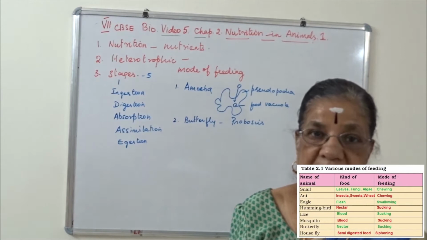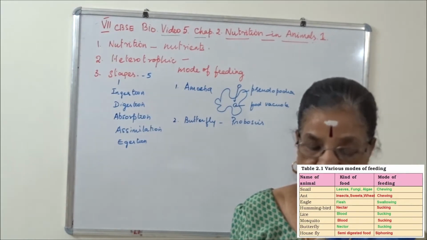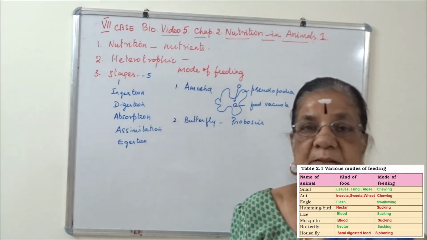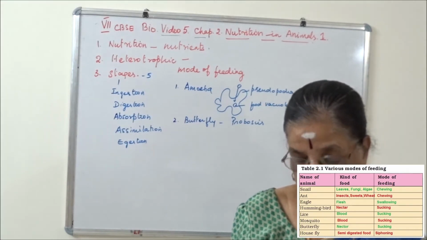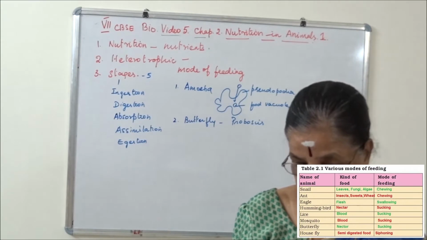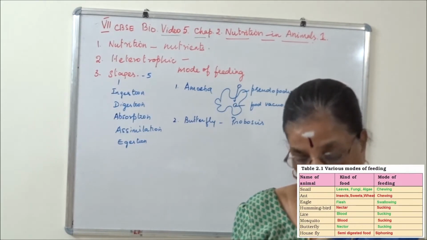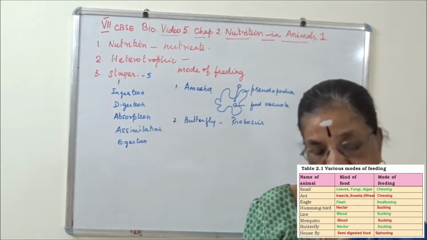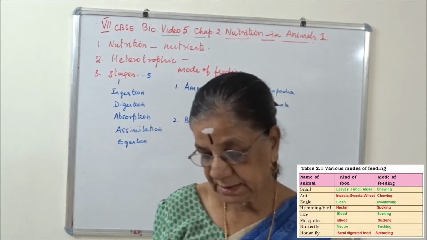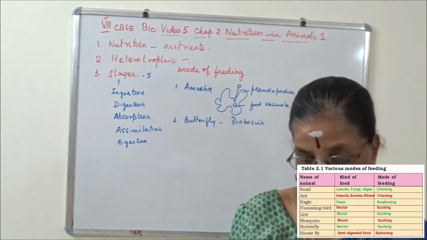And butterfly sucks nectar through proboscis. That is the mode of intake of nutrients, and its utilization in the body. I hope you understand. Then you have studied in class that food consists of many components.